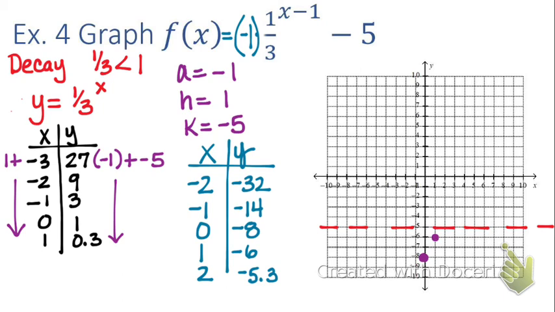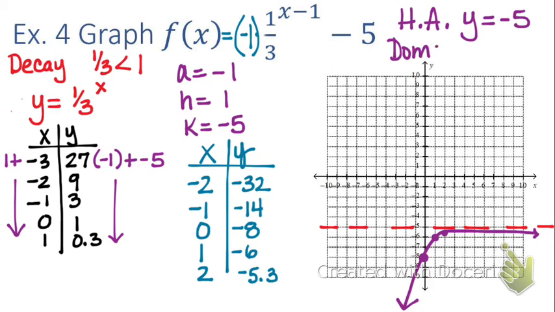And then 2 is really close to the asymptote, so this is below the asymptote. It's going to look something like that. Because A is negative, this graph is below the asymptote, so we have our horizontal asymptote at y equals -5.